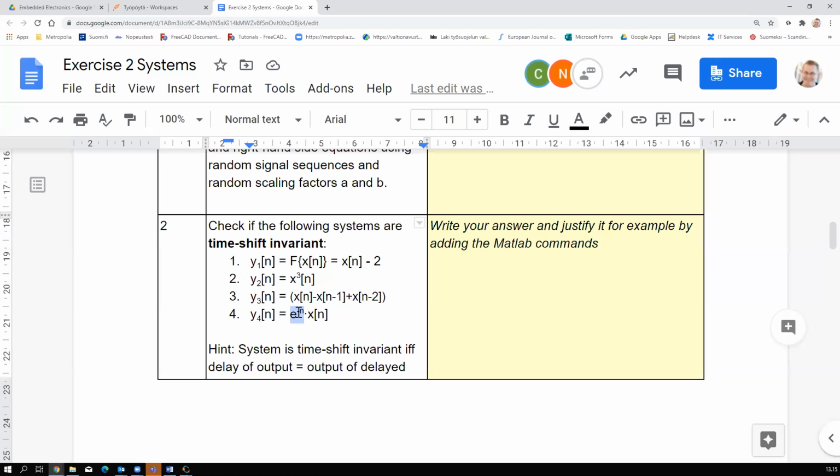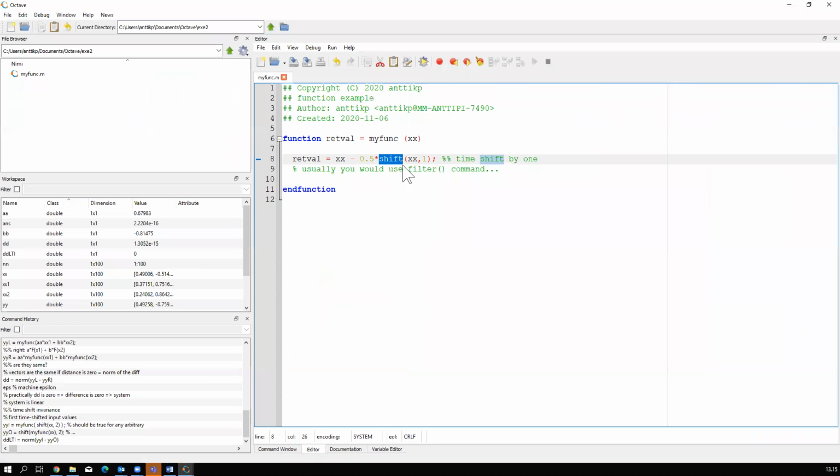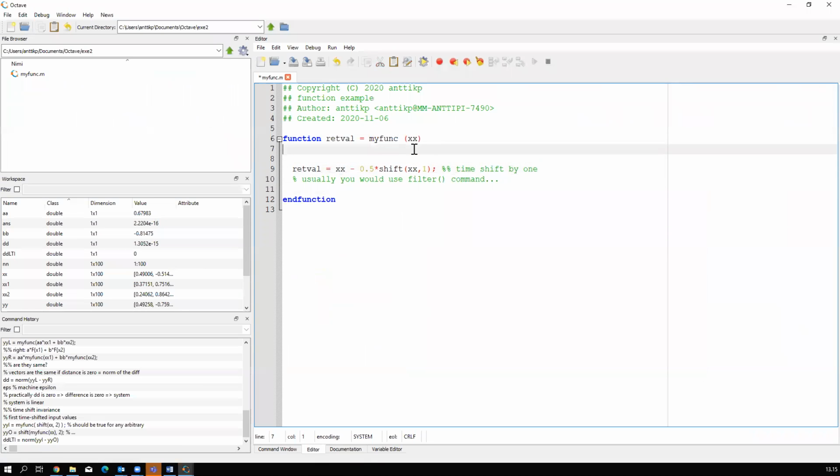So when you are calling a function like I have here, I actually know that the indexes for xx would be from 1 to length of xx.